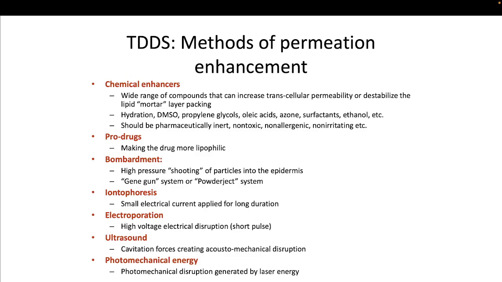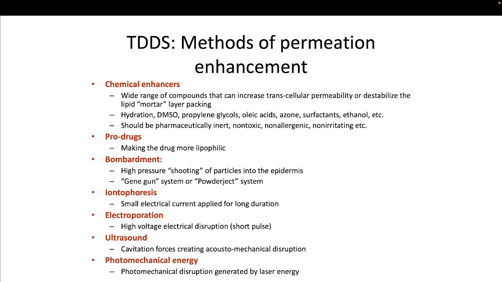For transdermal delivery, whenever you're giving your drug transdermally, it has to go through a lot of layers of skin, which is mostly a lipid layer, and a dead cells layer. So to enhance the drug permeation, we have certain chemical and physical methods. First are the chemical enhancers. For example, whenever you go for an injection, you might have seen doctors apply ethanol over your skin.